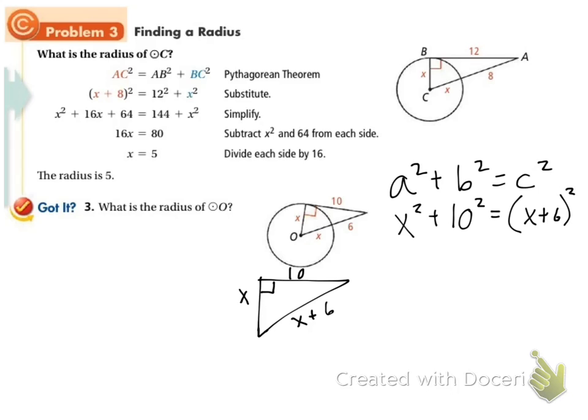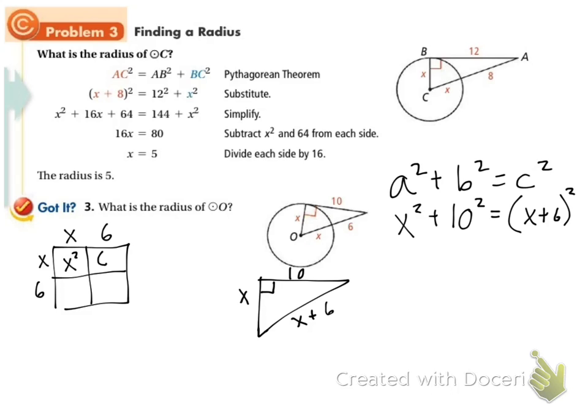It doesn't work that way. I would suggest using the table method to figure out what we get. You can use FOIL, you can use the distributive property and setting it up. Those are two ways that this series of textbooks teaches in the algebra textbook. I think the table method is the easiest way. So x and 6, x and 6. X times x is x squared.